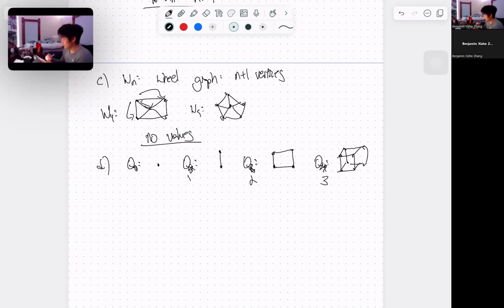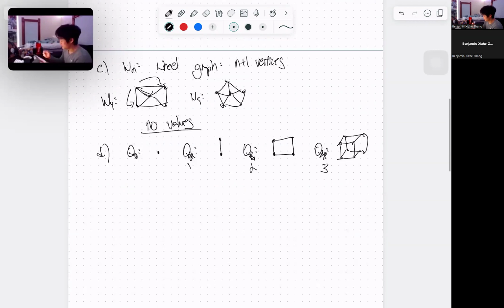So you can see that with every increasing value of n, we duplicate the previous Q graph and then connect the corresponding vertices to each other. So here we took this, duplicated it, and then connected the top and bottom, and then same here, the square we duplicated. So whatever the value of n here is, that's the degree of all our vertices because we're duplicating and connecting.